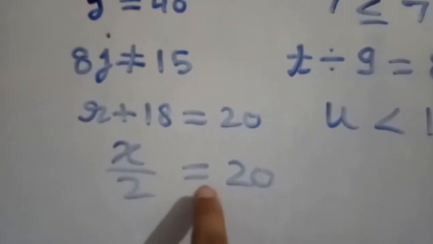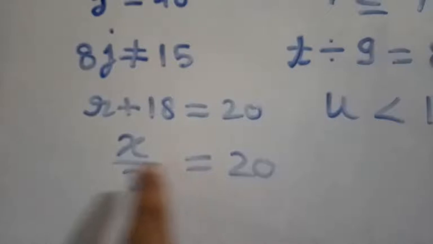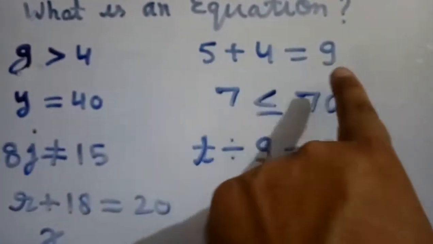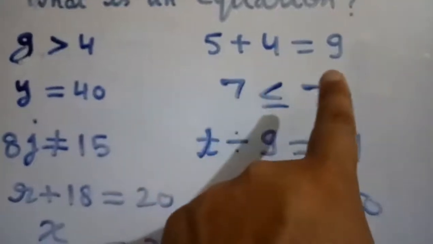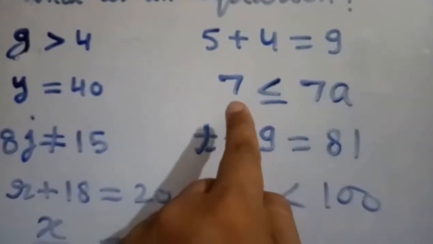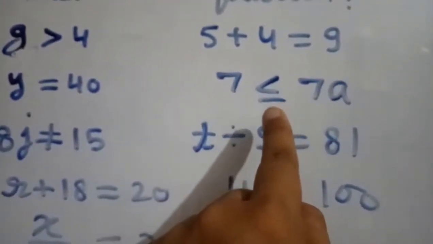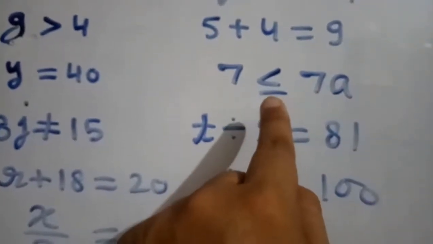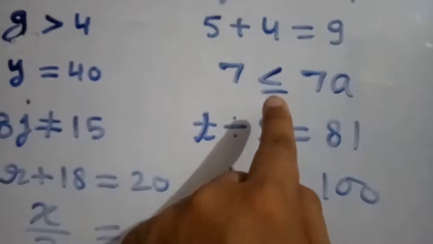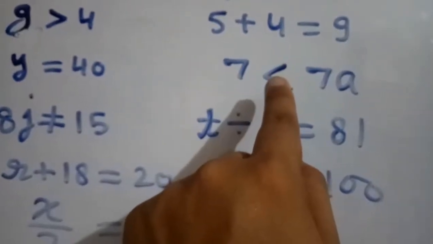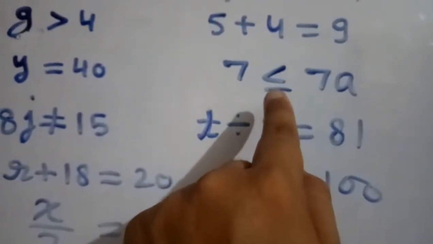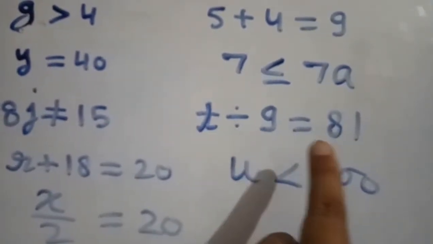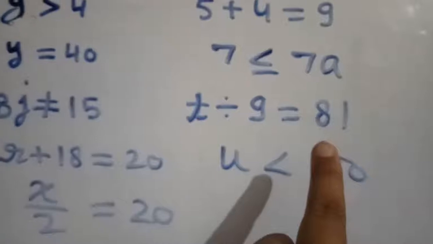x upon 2 is equal to 20, this is an equation. 5 plus 4 is equal to 9, this is an equation of numbers. 7 is smaller than or equal to 7a, this is not an equation because here is the symbol of smaller and equal. t divided by 9 equal to 81, this is an equation.